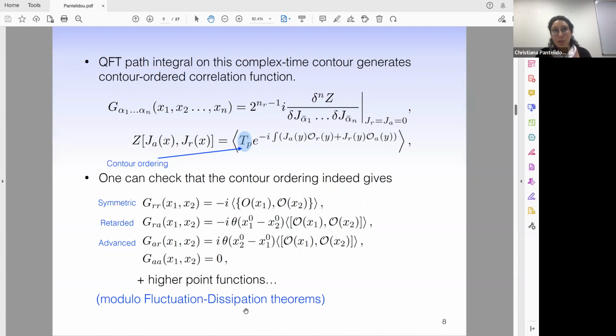So these are usually taken to be GRAA, GARA, and GAAR. So in this talk, we'll be computing only one of those, and in particular, the GRAA, so the retarded one. Okay, and of course, if you vary this generating function more than 3 times, you get bigger matrices for higher point correlation functions.